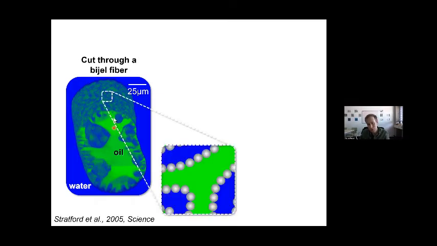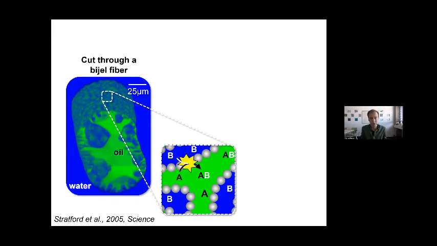The oil and the water are arrested by these nanoparticles. Now, if you have an oil-soluble reactant A, for instance, an alkene, and a water-soluble reactant B, like hydrogen peroxide, they can meet at the interface to undergo a chemical reaction, for instance, to produce an epoxide here.